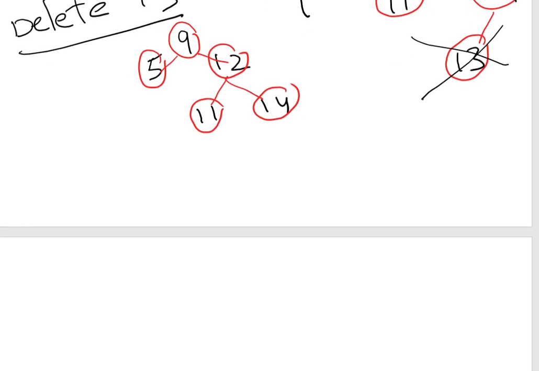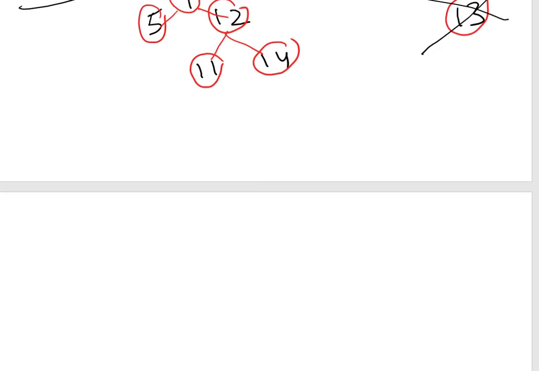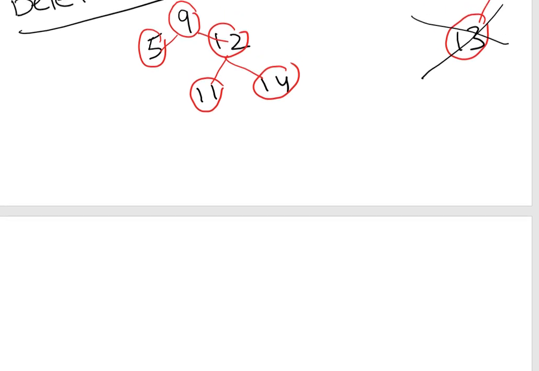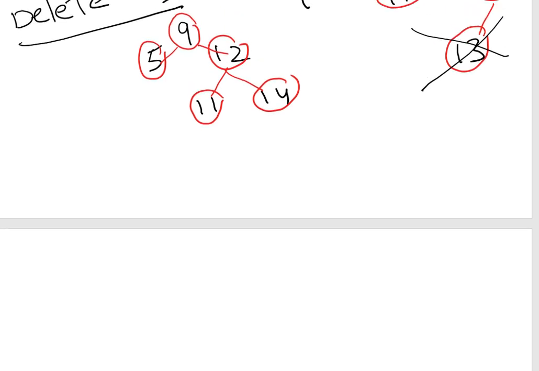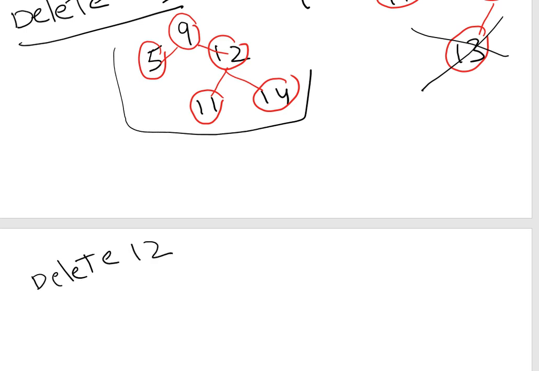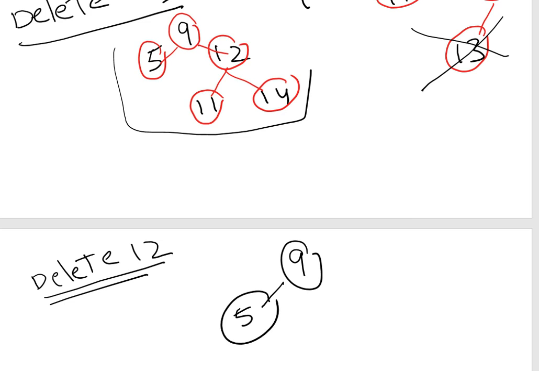For example, if you want to delete 12 from this tree, what will be the tree? 9, 5.